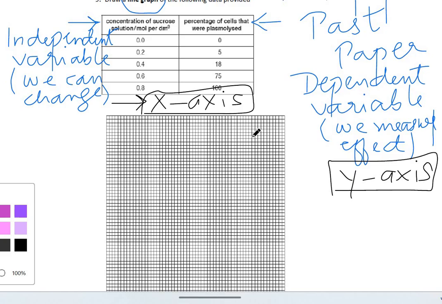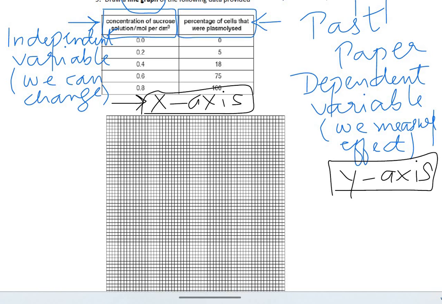Similarly, if there were time, it would also be an independent variable because we can increase the time, but here we take the example of concentration. The percentage of cells that were plasmolysed is the effect. It is what we will measure. So we will take it on the y-axis.